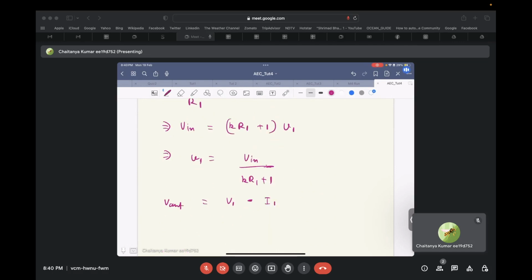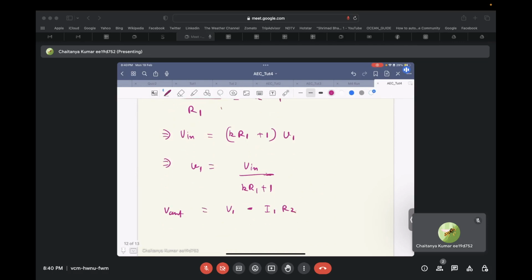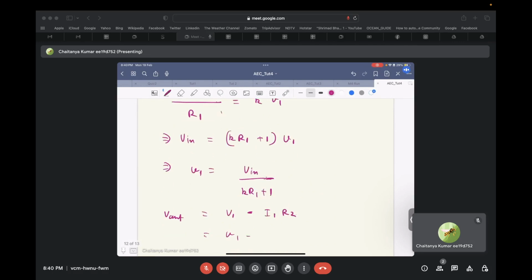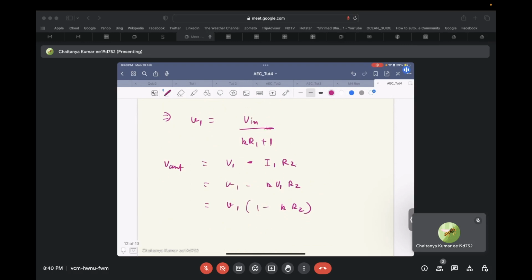So this is basically equal to V1 minus K V1 times R2, that is V1 times 1 minus K R2 is equal to V out. And what is V1? V1's value can be substituted from here.